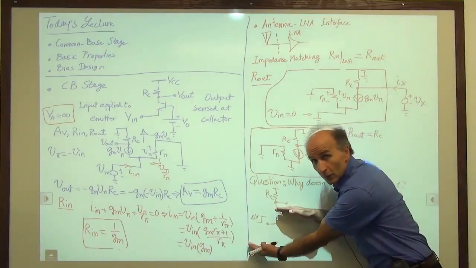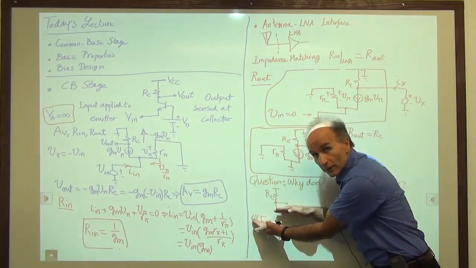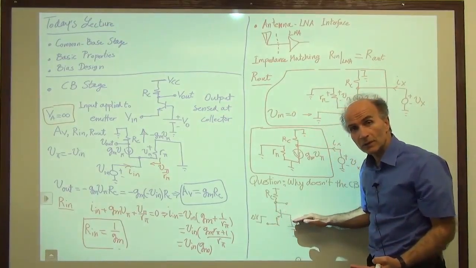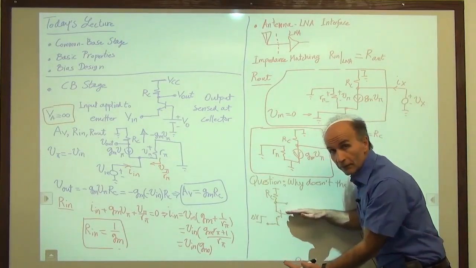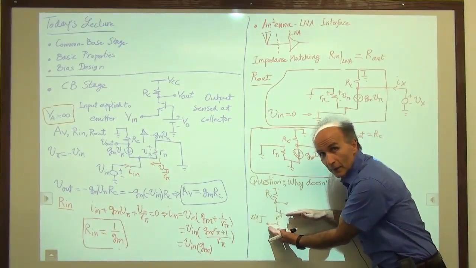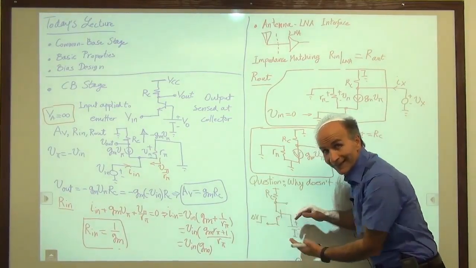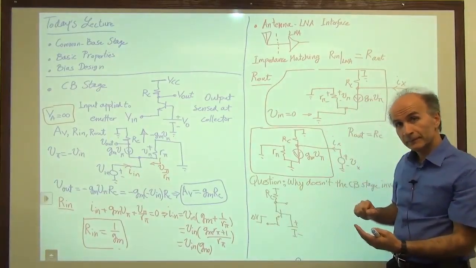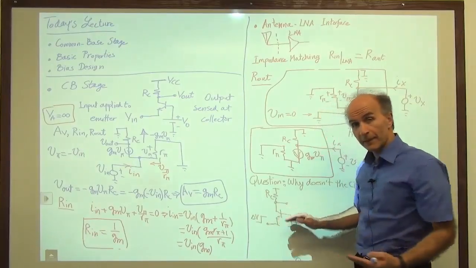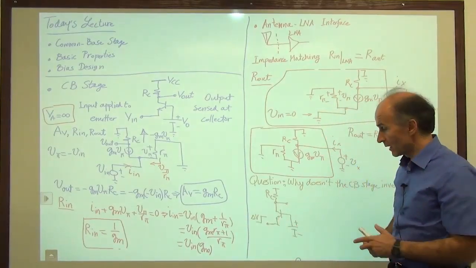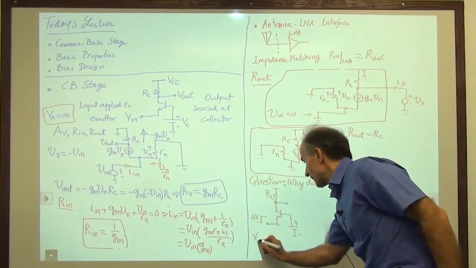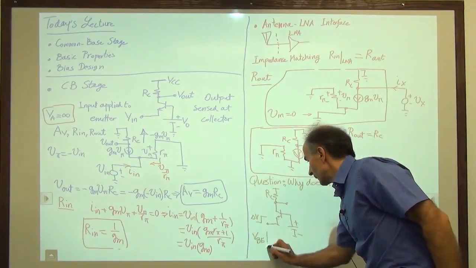The emitter voltage was here, now it goes over here. So what happens to the base emitter voltage? Base is fixed, emitter goes up, so the base emitter voltage difference decreases. As a result of this delta V, the base emitter voltage decreases.